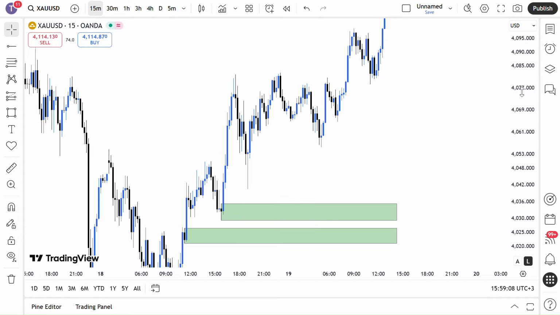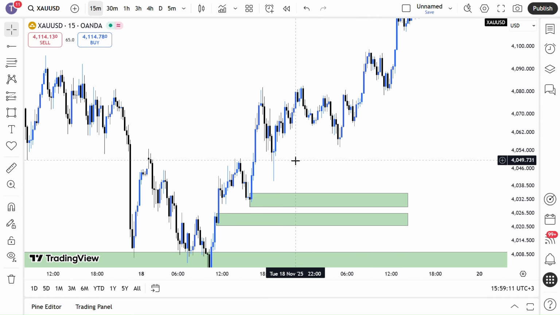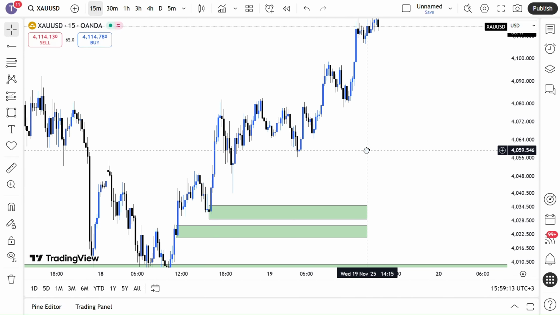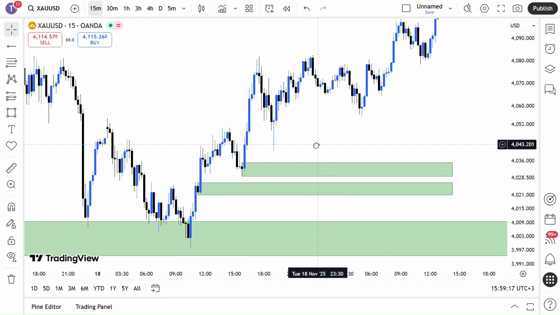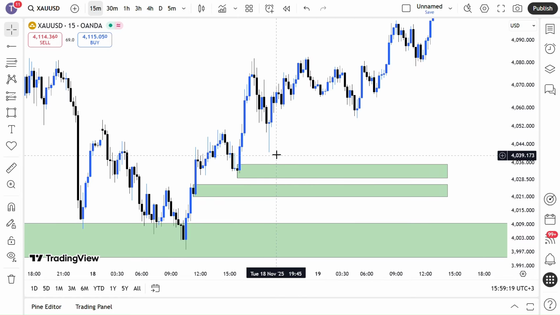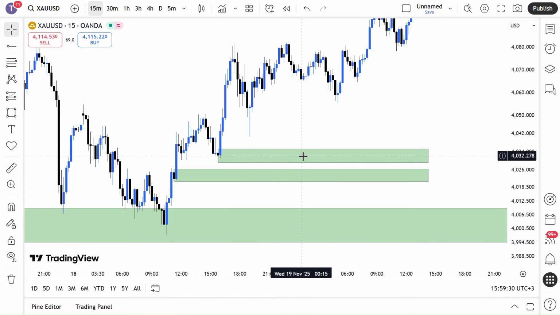in this case, around this area, we have this order block that has some inducement just above it. You can see this pullback here that pushed price to the upside without tapping into this order block.